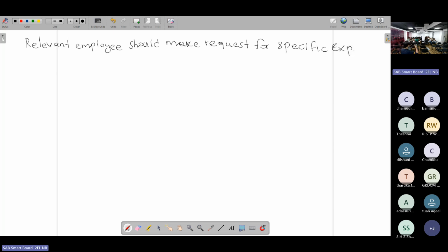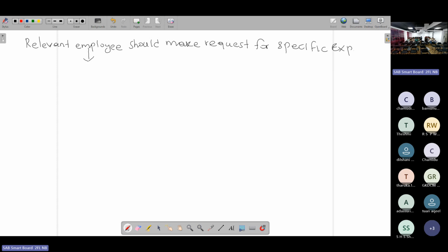In our case, stationery expense, stationery expenses 500 rupees. So once he makes this request, a petty cash voucher must be generated.